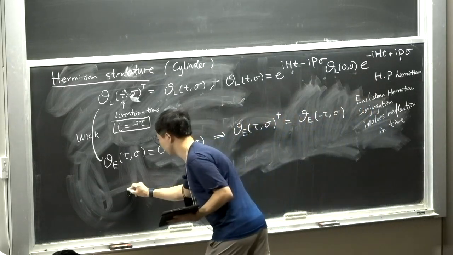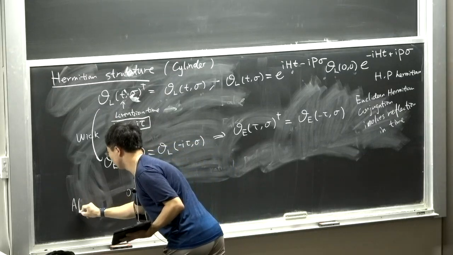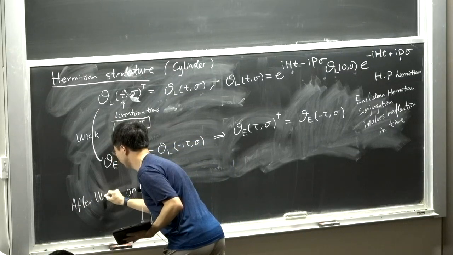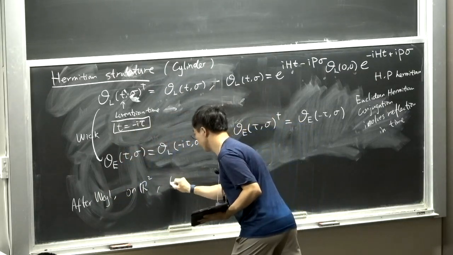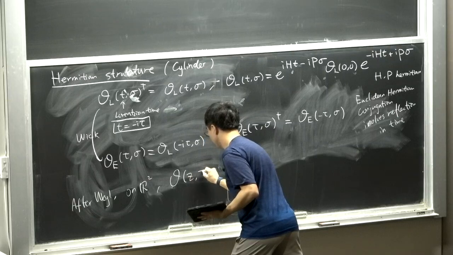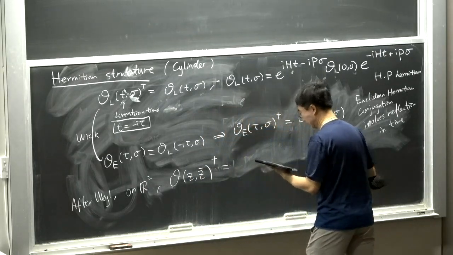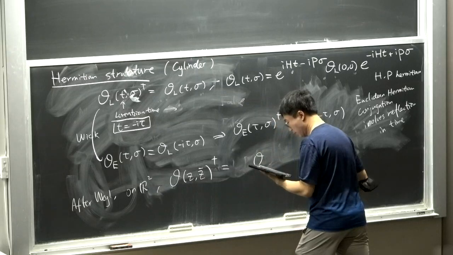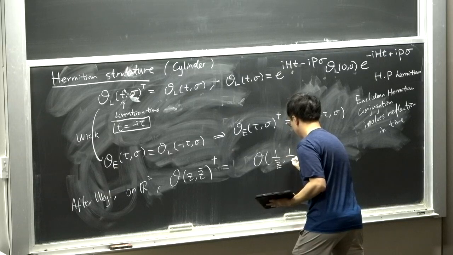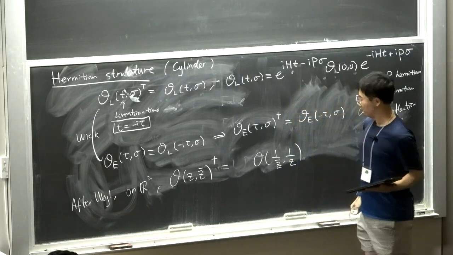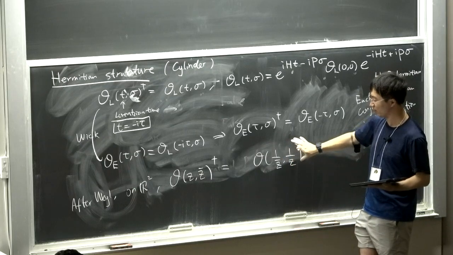So on the plane, after a Weyl transformation, the Hermitian conjugation will take the following form. Okay. Note the funny reflection.